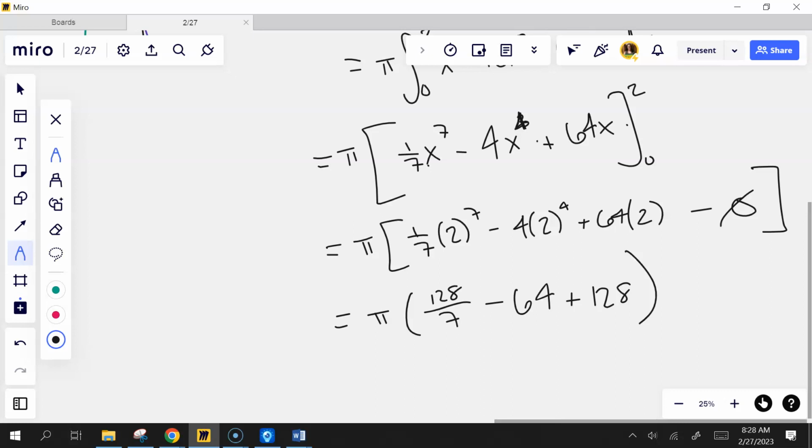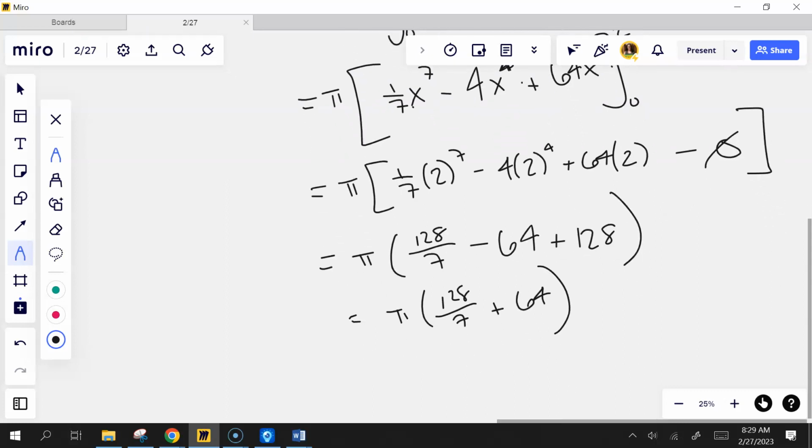One, it goes in one time, it'll leave you 58. 7 doesn't go into 58, so no. This would be plus 64. Whatever that comes out to be. 128 over 7 plus 64.